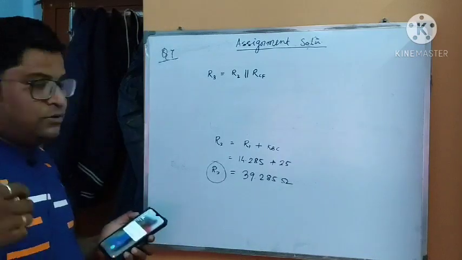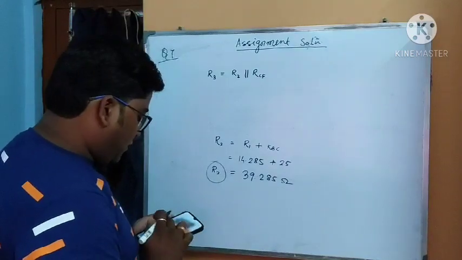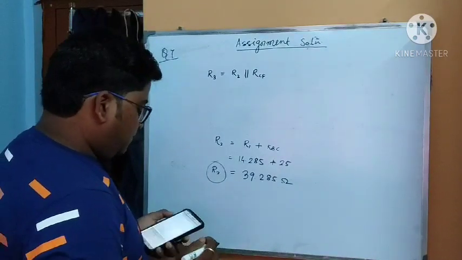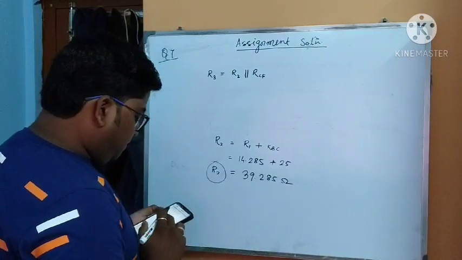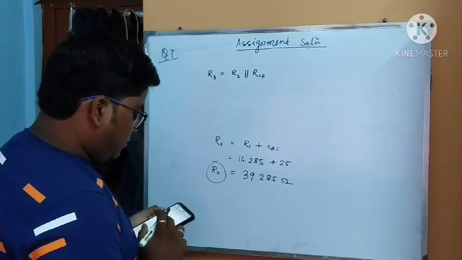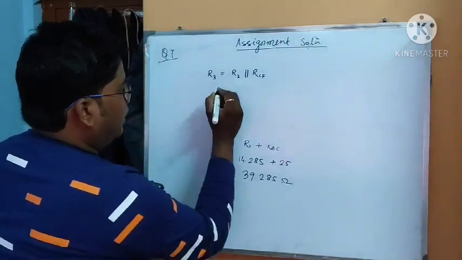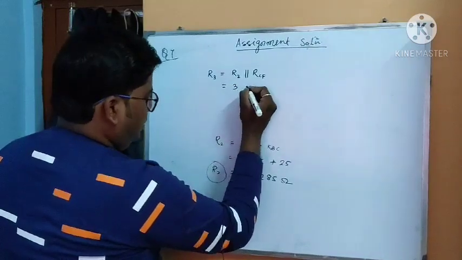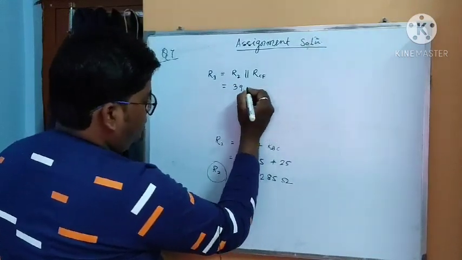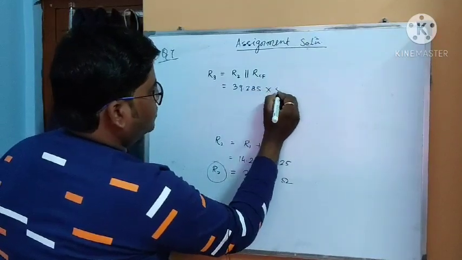Okay, so we have already calculated the value of R2, that is 39.285, and the value of CF is 50 ohm. So this is in parallel. So 39.285 into the value of RCF, which is 50.